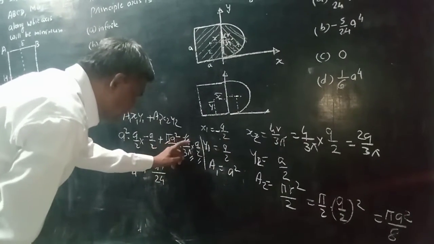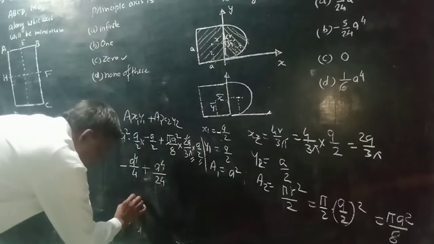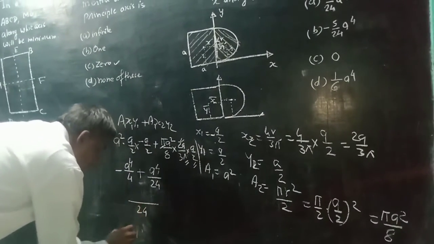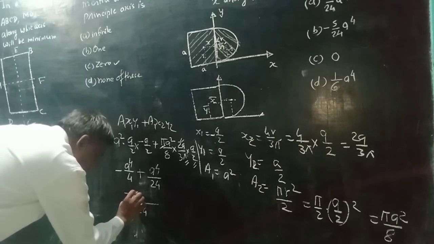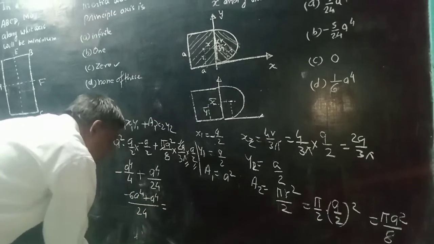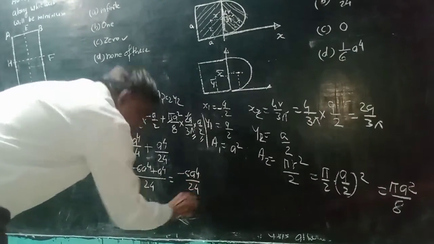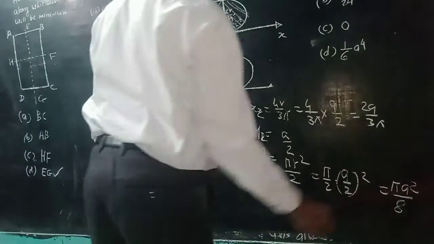This is a 4. So the LCM of 24, 4 6 is 24, a4 plus a4. So this is equal to minus 5 a4 by 24. So therefore the answer is minus a4 by 24.